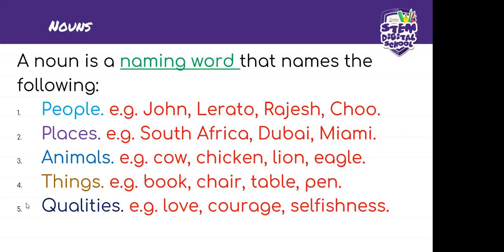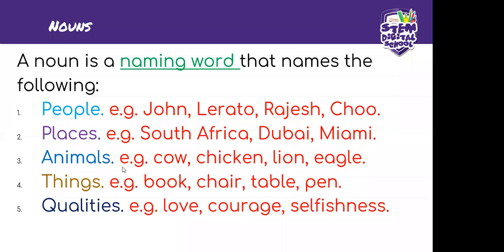Then next up, we said nouns also name animals. For example, we have cow, chicken, lion, as well as eagle. So you realize that all these are animals, and that is how we know them. Okay, we know it as a cow, a chicken, a lion, an eagle.